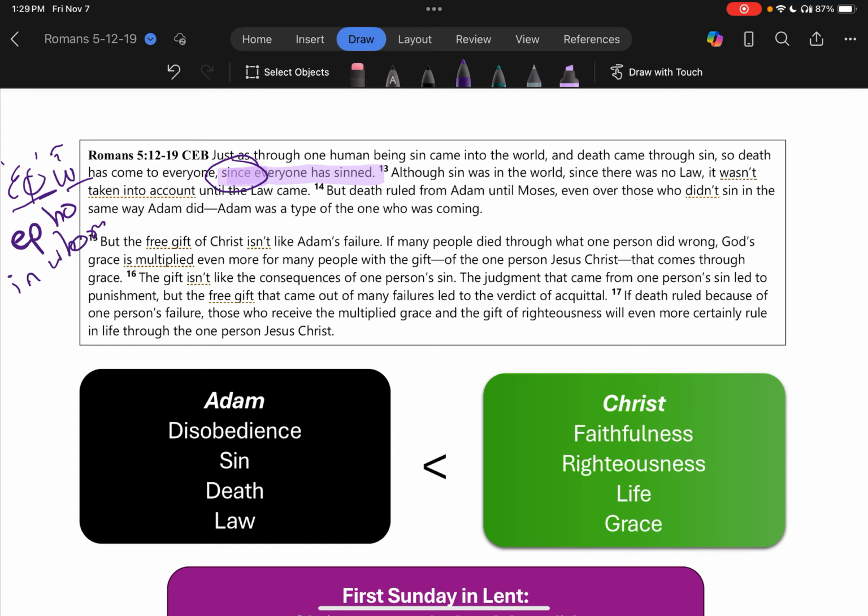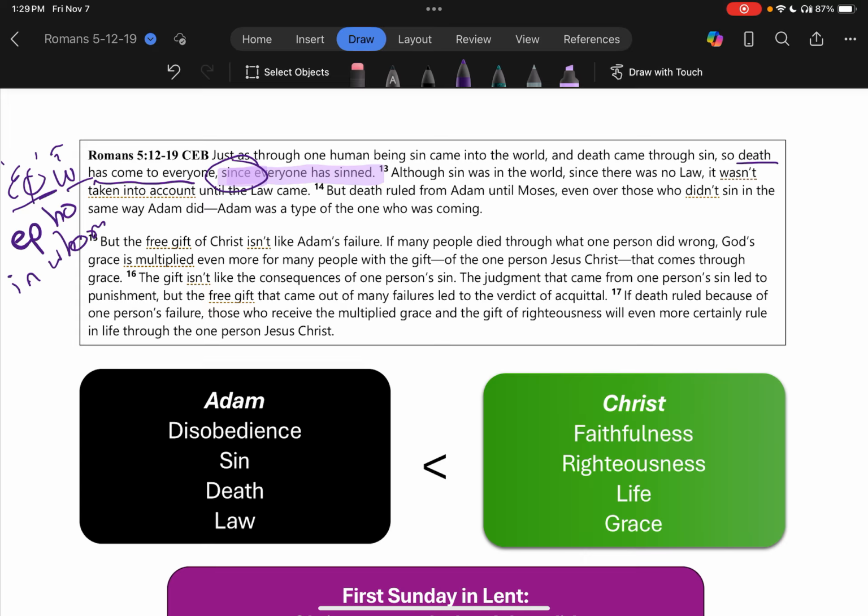Instead of saying "in whom" everyone sinned, that everyone sinned in Adam, you can understand that eph' hō as "since everyone has sinned," or "because everyone has sinned," right? So in other words, if we look at this verse, death didn't come to everyone just because Adam sinned. Death came to everyone because everyone has sinned, right? That's a little bit of a different notion, that it doesn't put all the culpability on Adam.